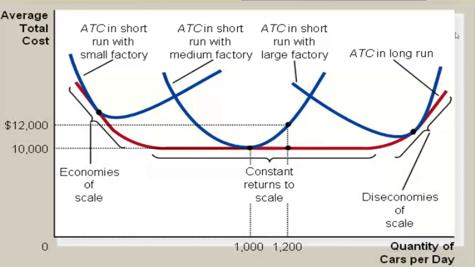So this portion basically represents diseconomies of scale, where the long-run average total cost curve is rising along with the increase in output. And this middle portion is constant returns to scale, where long-run average total cost is constant but output is increasing.